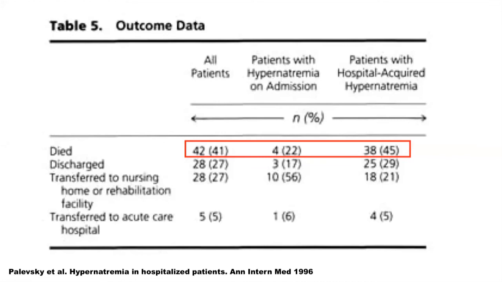In fact, they went through all the medical records of all the patients that died and could only ascribe the mortality to 16% of the patients due to hypernatremia. In other words, the vast majority of patients died from the primary reason they were admitted rather than the hypernatremia.